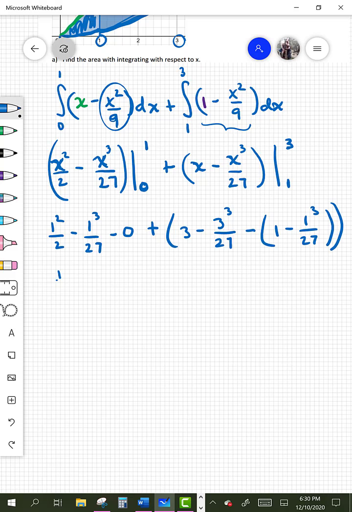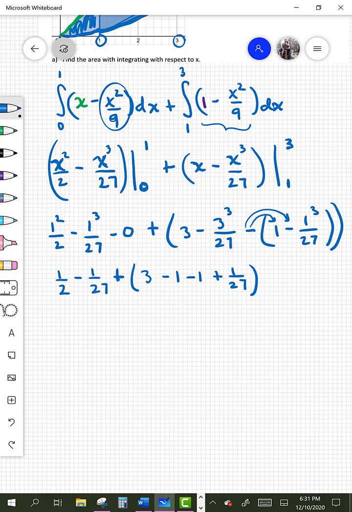So we want to simplify. We have 1/2 minus 1 over 27 plus, so we have 3 minus, well, 3 cubed is 27 over 27, so that's 1. This is going to give me minus 1. And this is going to give me plus 1 over 27.